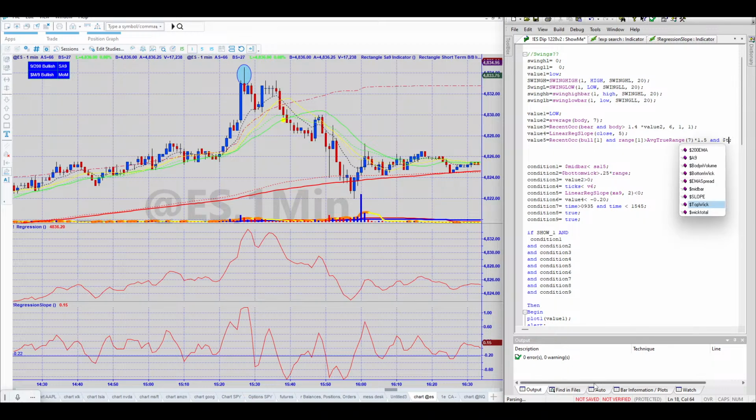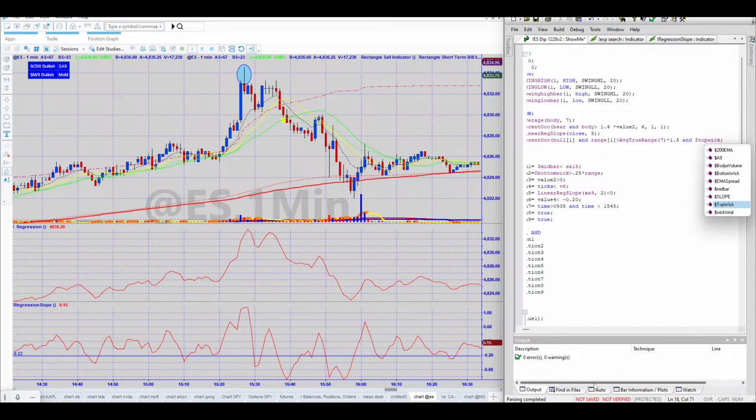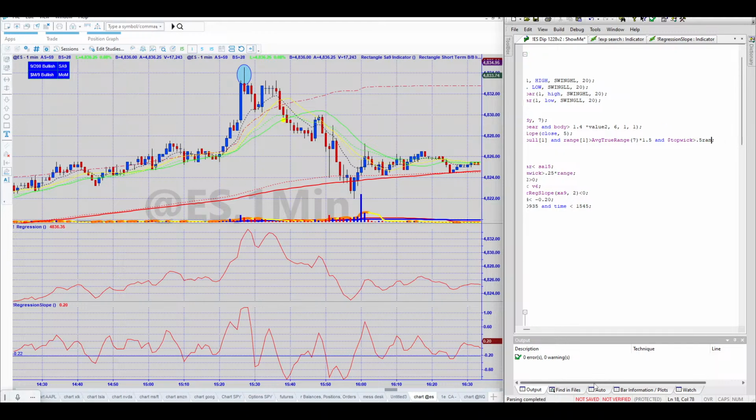So the top wick is greater than half of the entire range times the range. Actually, it's not that hard, but we'll see how it works when I get done with it.